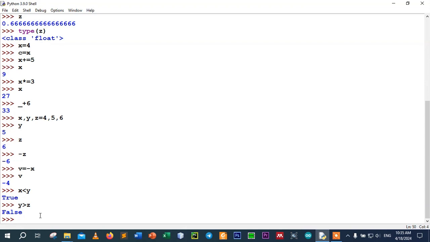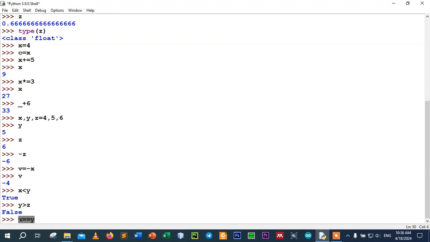What about x double equals y? Single equals and double equals are different. When we use a single equal sign, that is the assignment operator. But if we use a double equal sign, it is a relational operator.